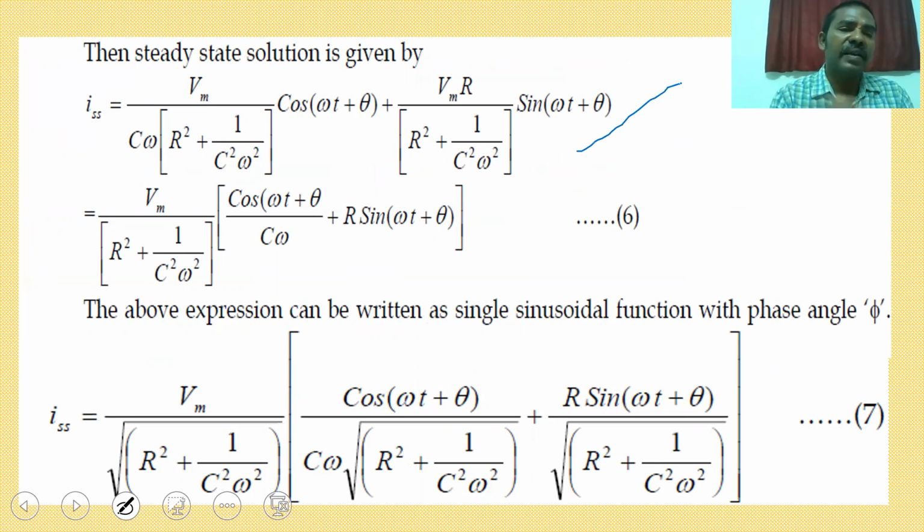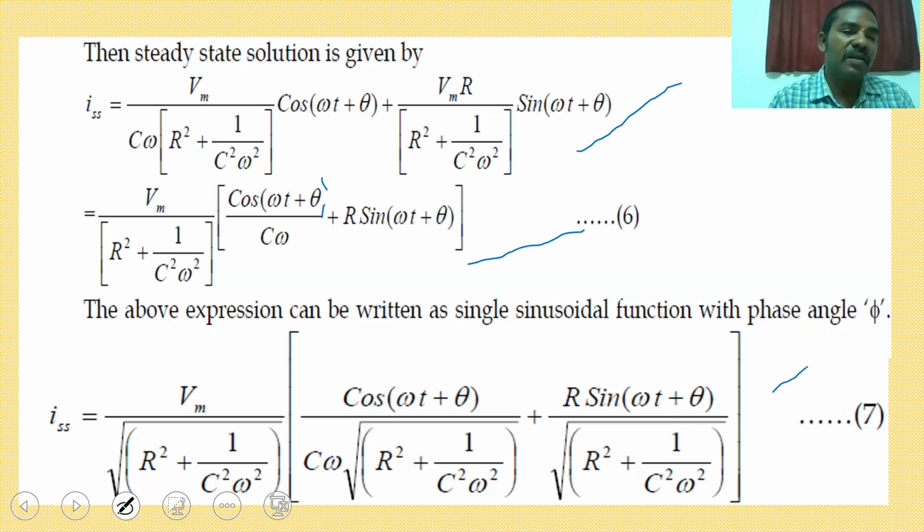Taking the common factor, Vm by r square plus 1 by c square omega square into cos omega t plus theta divided by c omega plus r into sin omega t plus theta. So this is your steady state current or particular integral current. Still, I am taking the denominator value under the root. So the steady state current will be like this, equation 7.